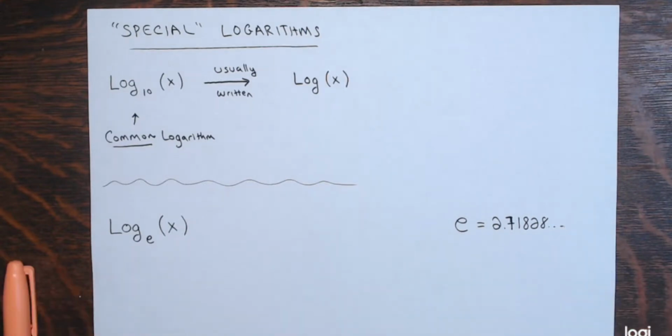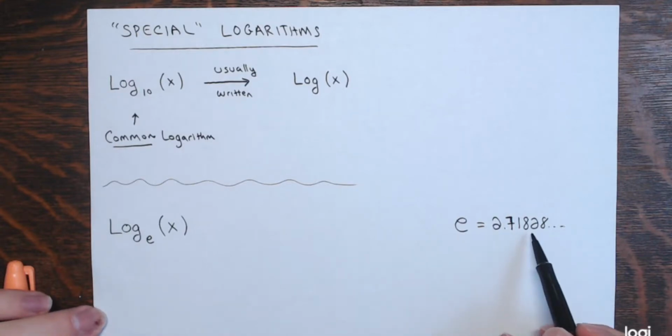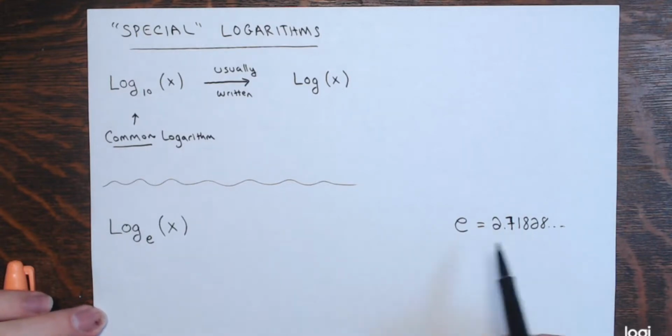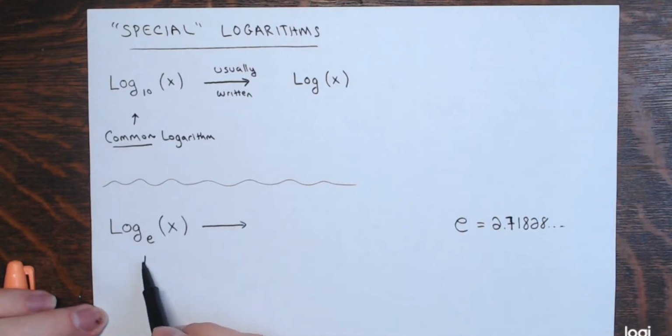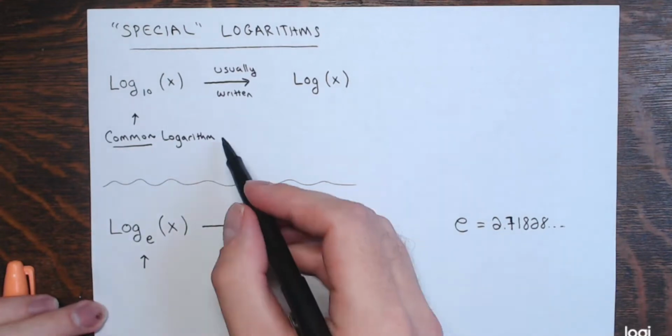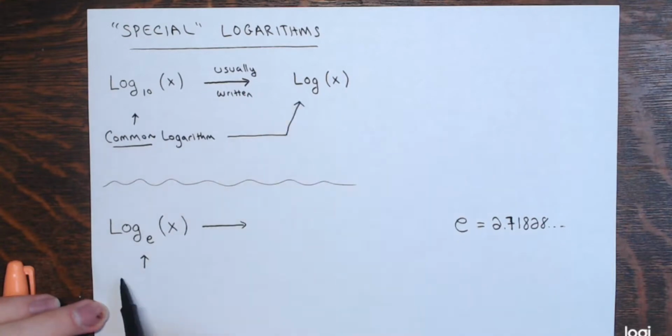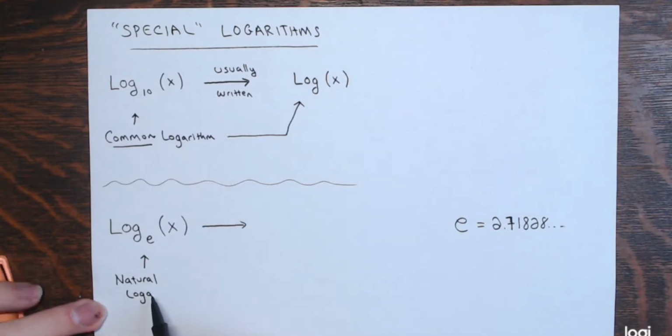This was e, and this was called the natural base. This log base e is referred to as the natural logarithm, because e is called the natural base. It shows up in natural studies a lot.